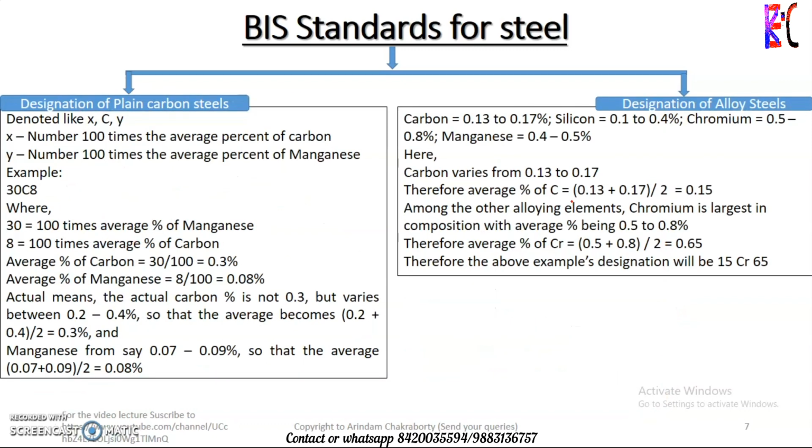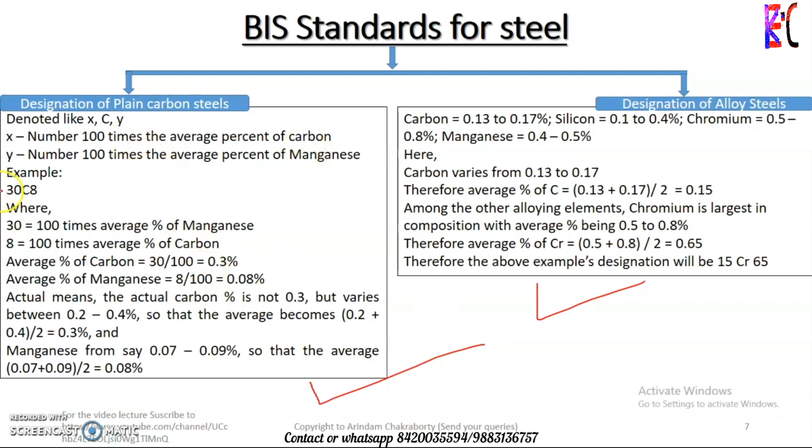Now this has been much more segregated. For an example, let's go for a plain carbon steel and let's go for the alloy steel. The alloy steel has been done in terms of chemical composition, and this one has been done in terms of physical and mechanical properties.